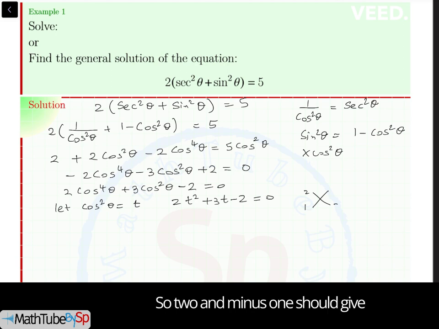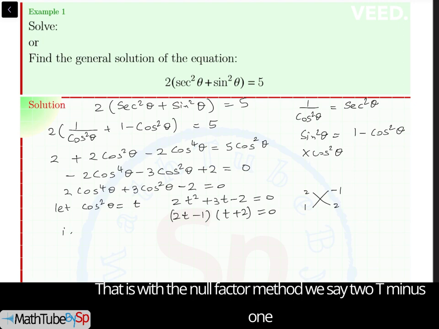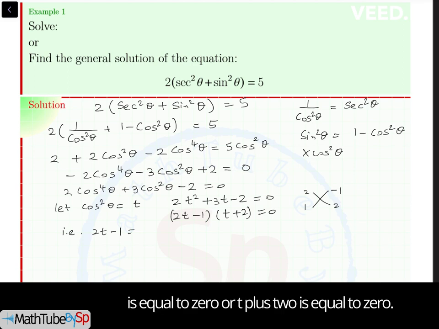We need plus 3, so 2 and minus 1 should give 4 times... 2t minus 1, and we have t plus 2 is equal to 0. With the null factor method we say 2t minus 1 is equal to 0, or t plus 2 is equal to 0.